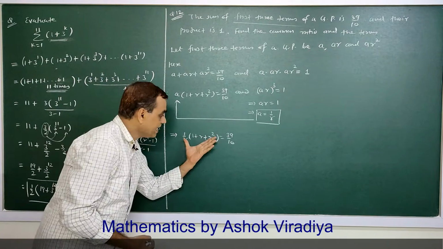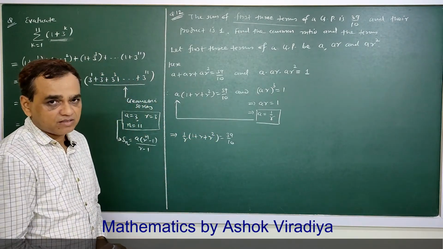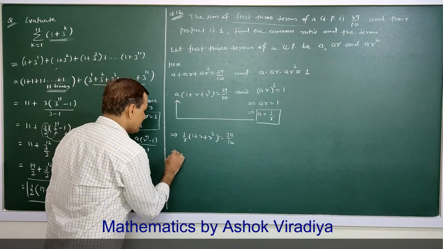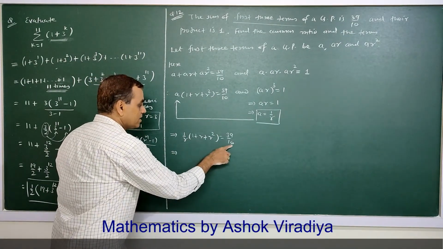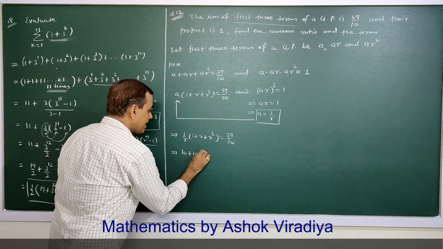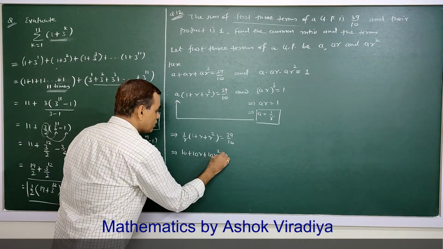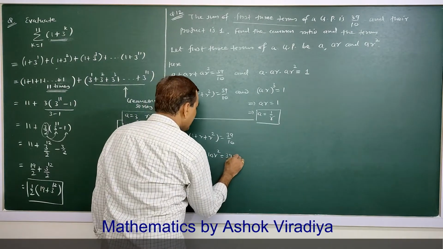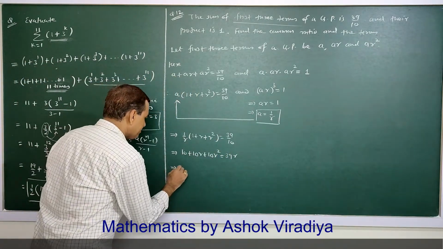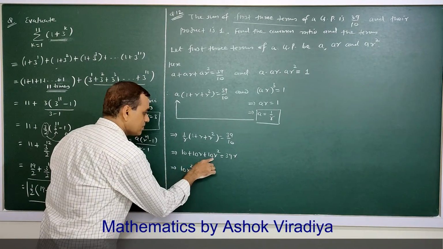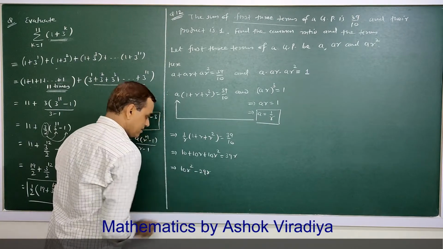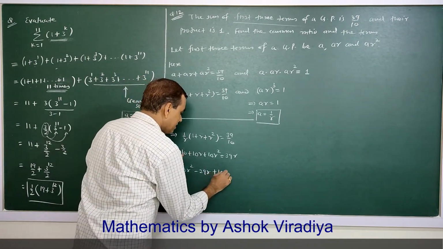So this is completely in terms of R. Now we solve this equation. Cross multiplying, 10 plus 10R plus 10R square is 39R. So 10R square, 10R minus 39R, so minus 29R plus 10 is 0.